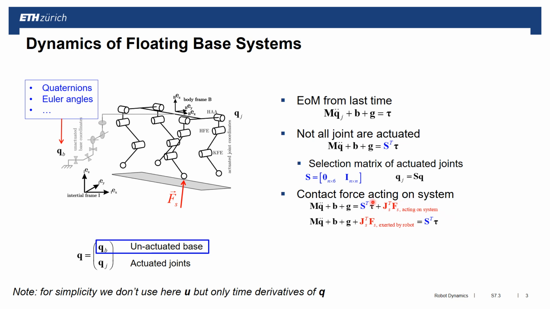So similar to the taus which are acting on our system, also these forces, if you write them on the right-hand side, act on our system. If I write it on the left, then this F means that it's a force which is exerted by the robot on its environment. So these things have different signs. Obviously these F's can't have the same sign, otherwise one or the other equation would be wrong.